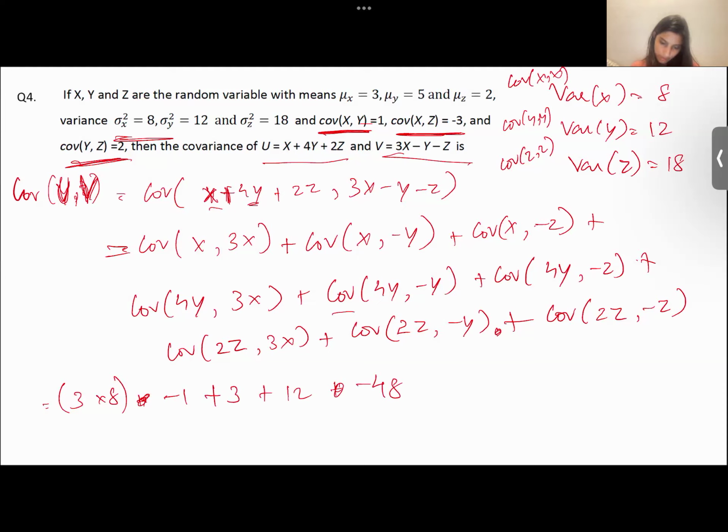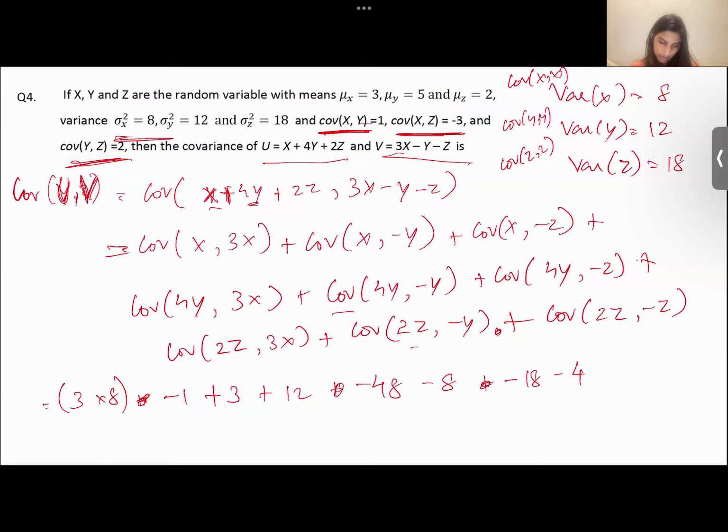Again minus 4 into covariance of yz, which is 2, minus 4 2s are 8. Then minus 2 3s are 6, covariance of zx is minus 3, so minus 6 3s are 18. And minus 2 zy is 2, minus 2 2s are minus 4.